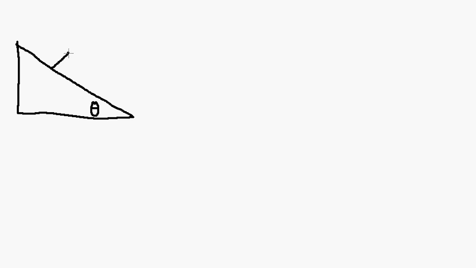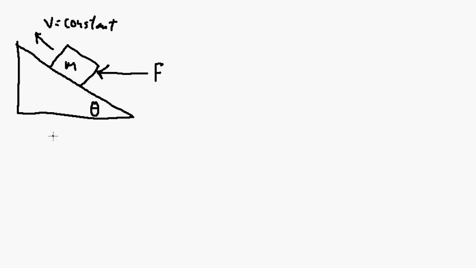So there's our slope. There's our mass. Velocity constant. There's a force that acts horizontally, somebody's pushing it horizontally. There is friction. So that's basically our problem diagram.